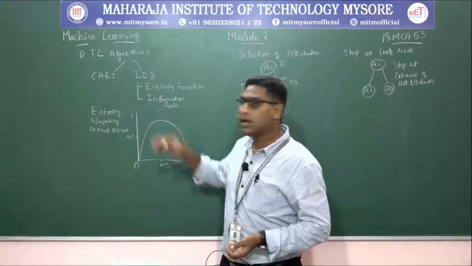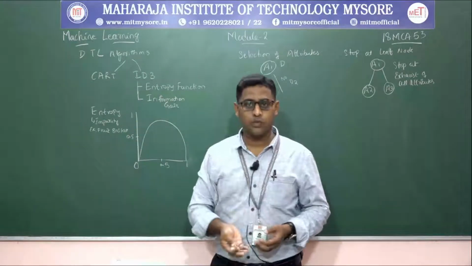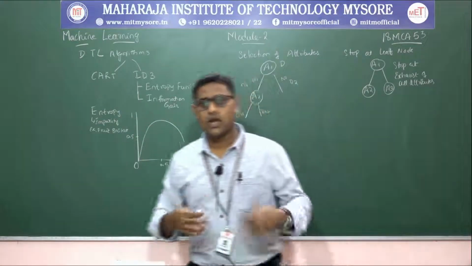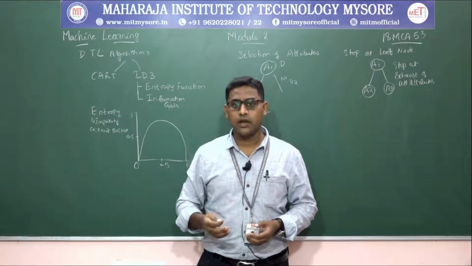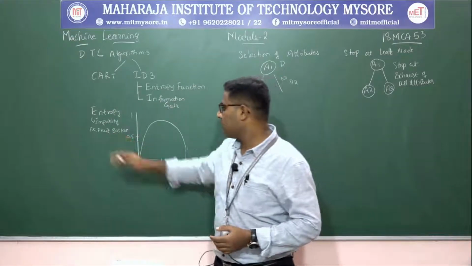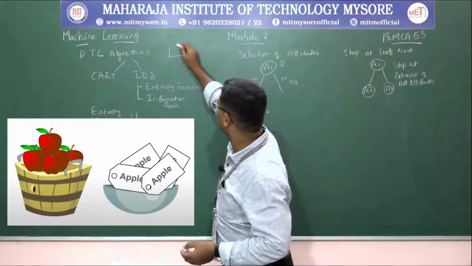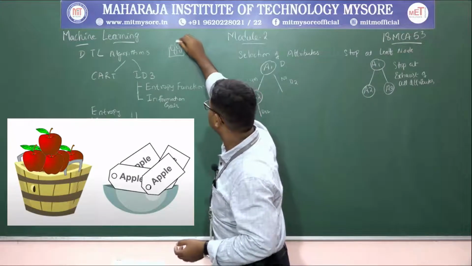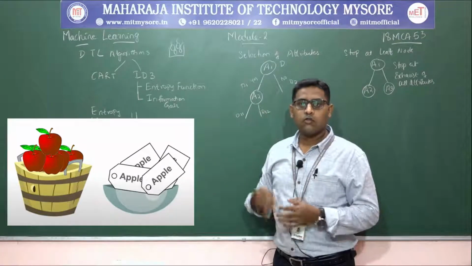Now before going exactly into the ID3 algorithm, we will check what entropy is, right? Entropy is nothing but the impurity. What is impurity then? Say for example you have a fruit basket. In a fruit basket you have 4 apples.